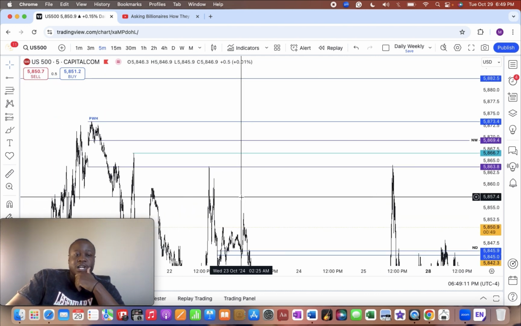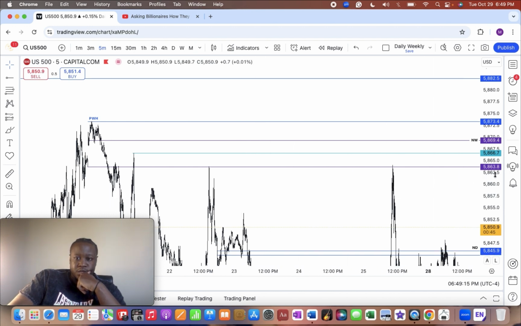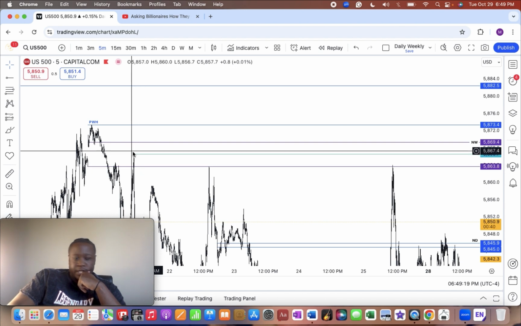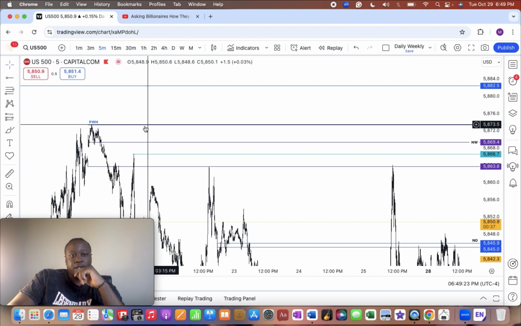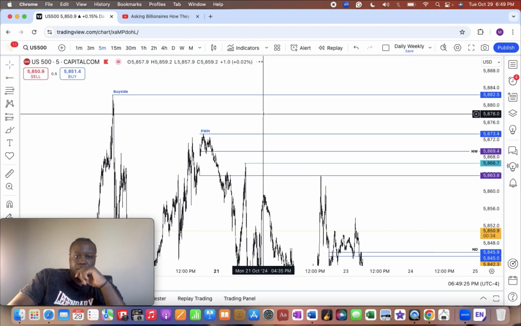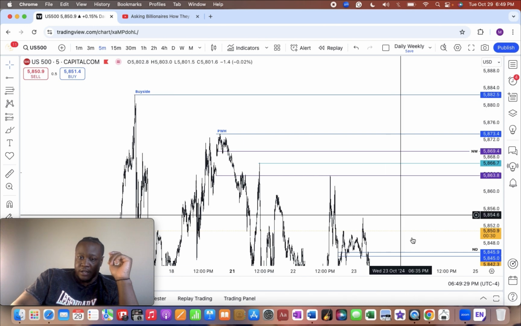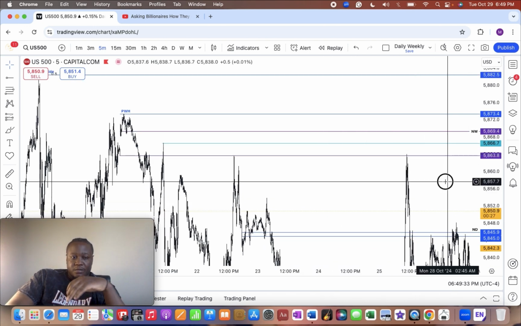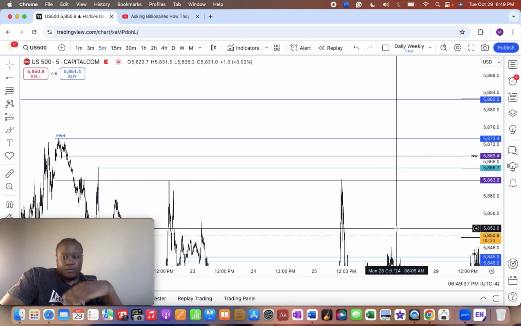I think that has a lot to do with elections coming up as well next week. So yeah, we have that high right there, and we have this previous week's high right here, and then we have this regular buy side, the highest of the high right here. I think it will eventually want to reach for that, maybe just to end this week off going into the election, and then who knows from there.